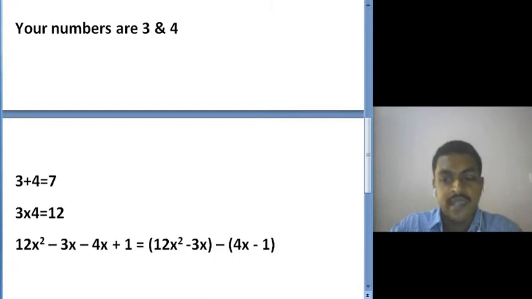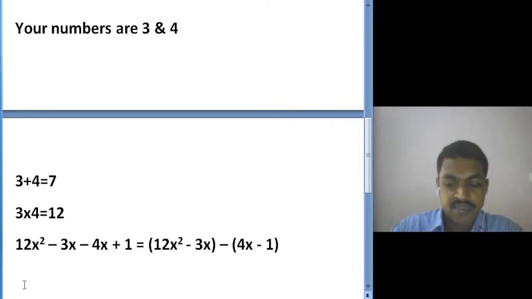So in the next step, what you have to do is, you see that 12x square minus 3x, they have got something in common. If you look closely, you will understand that is 3x, because 3x goes in 12x square, also it goes in minus 3x. So what is common in 12x square and minus 3x is 3x. We are going to take that outside the bracket. So let's say 3x.